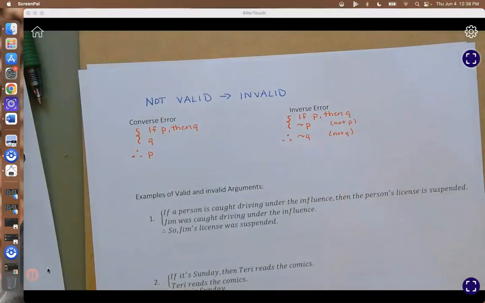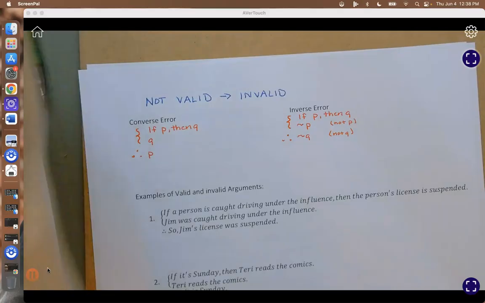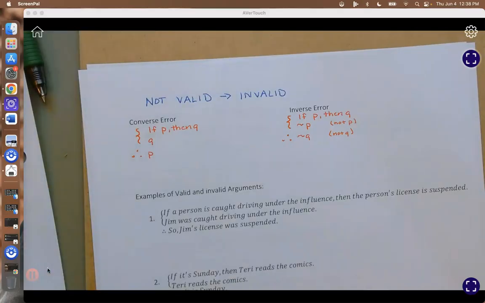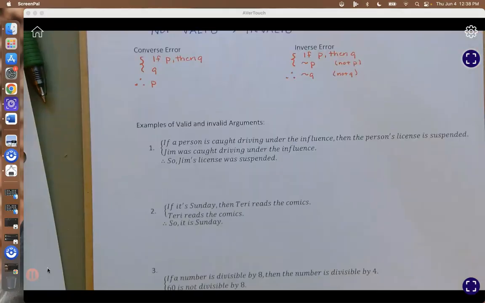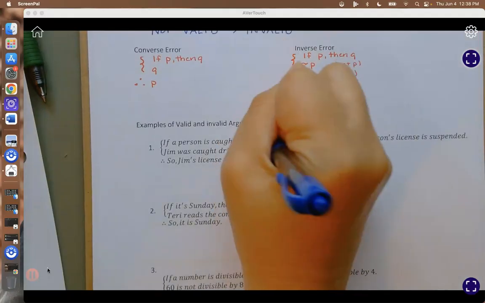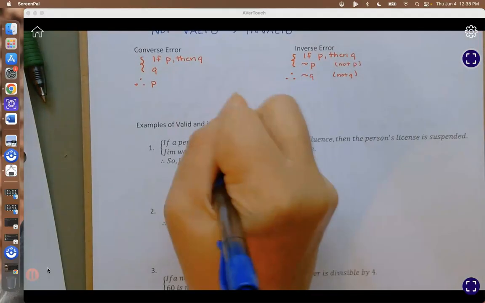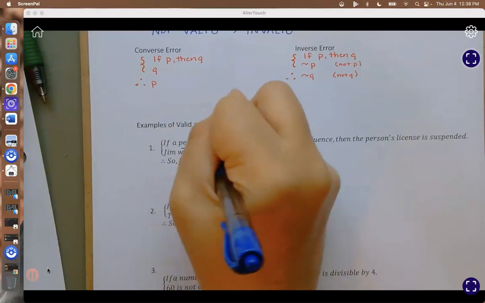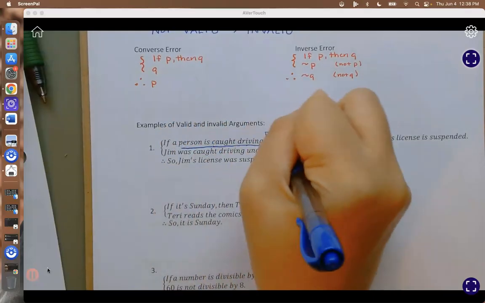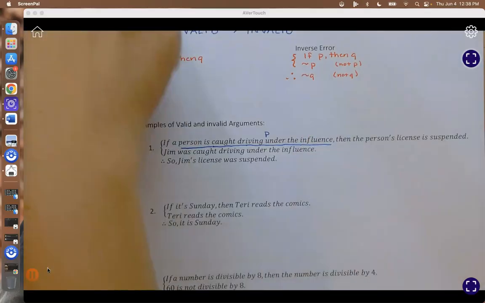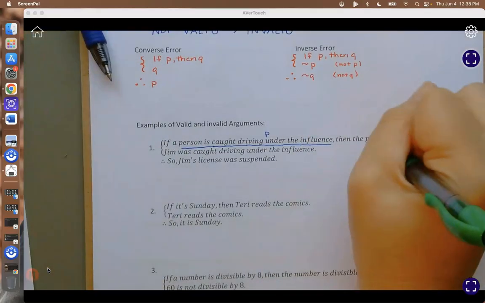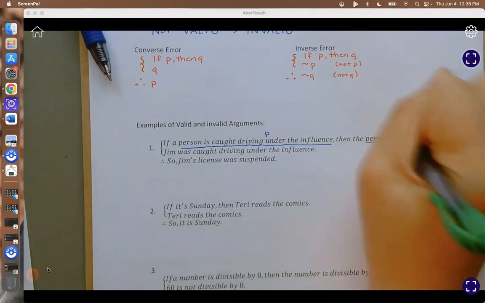Okay, so we're going to do some examples of that real quick. All right, so the best way I know to do this is label your pieces with your P's, Q's, and R's if necessary, and then just find the form. So if a person is caught driving under the influence, that's P. Then the person's license is suspended.